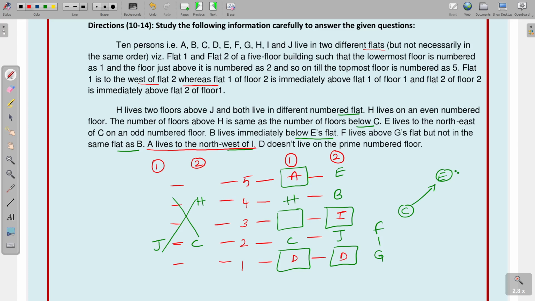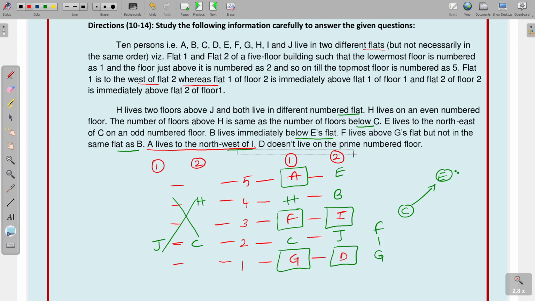Okay, and next flat. F lives above G's flat but not the same as B. So here F is placed here and G is placed here. Okay, it is the final arrangement of the puzzle.